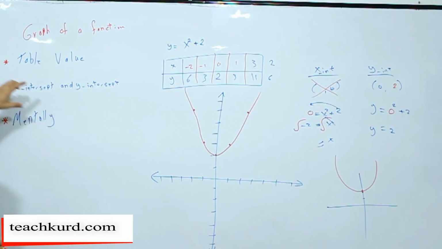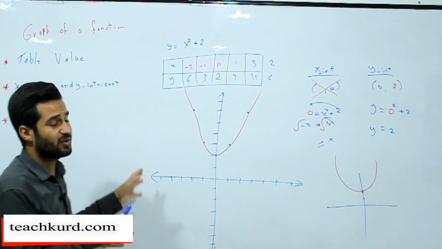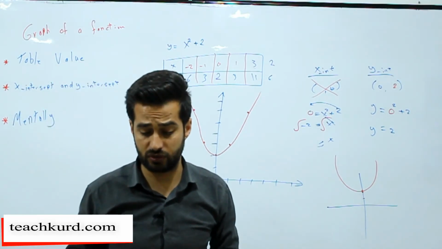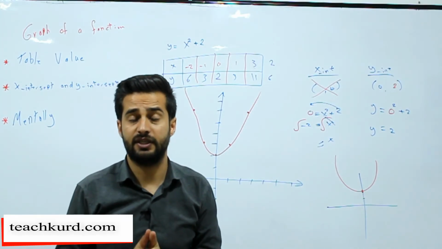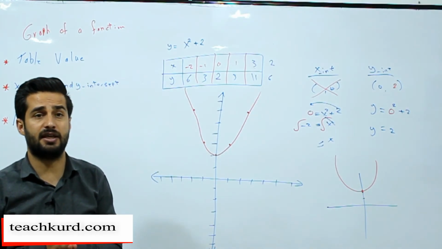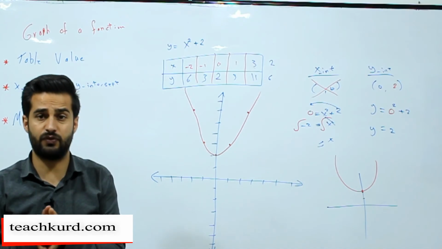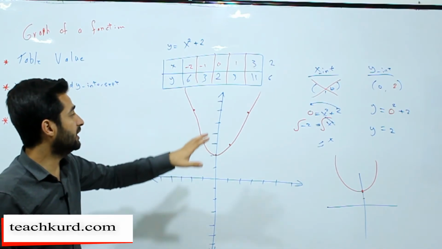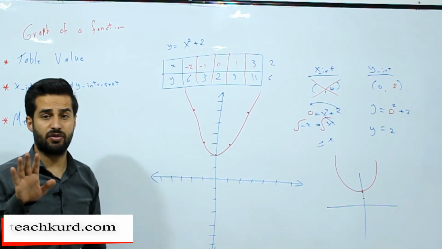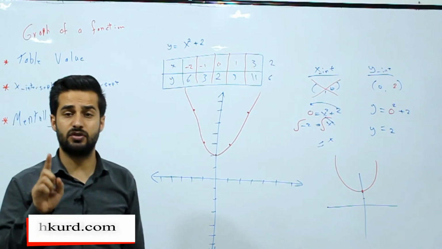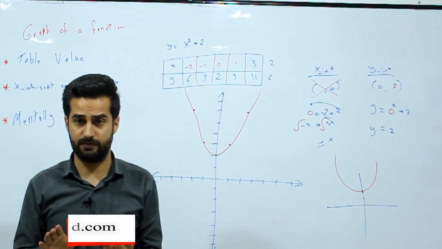Those are two types of graphing. Most of the students are using those two, but those two are very hard to find the graph. Look, we need nearly 3 to 5 minutes to find the graph of each function.